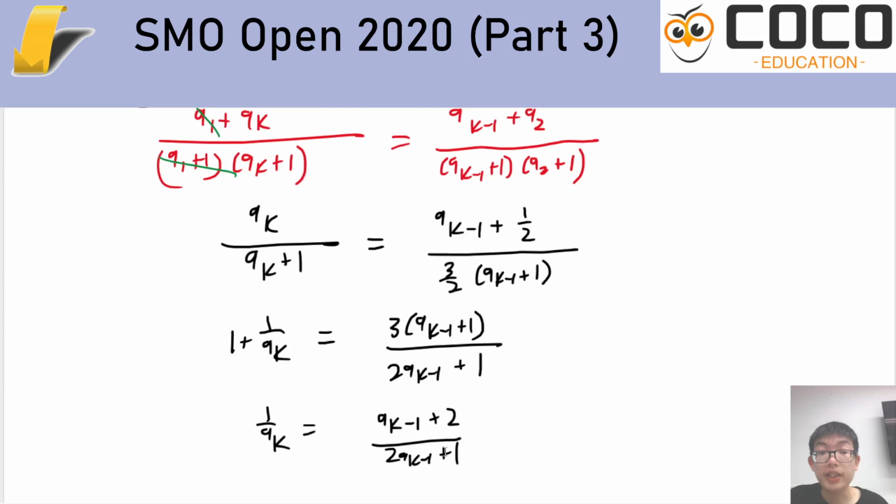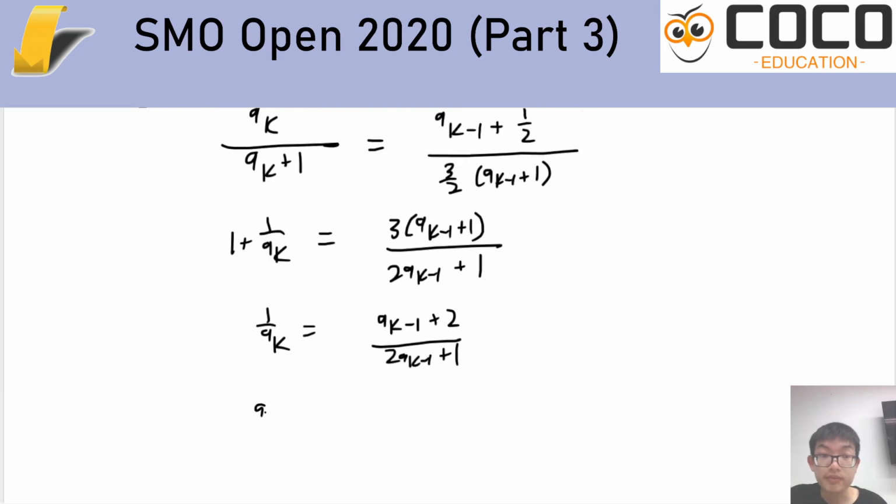And then flip it over again. So I've ignored the hint, but this gives me a recurrence, and the recurrence is pretty easy to use.